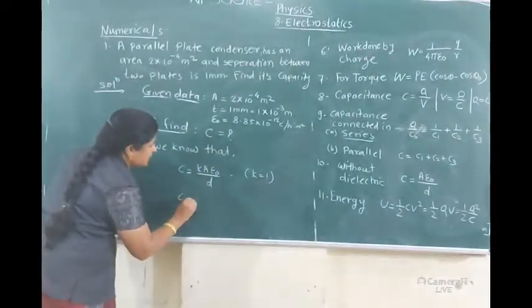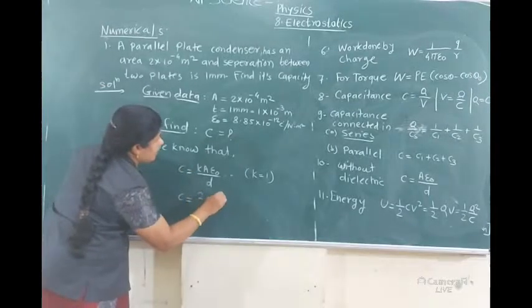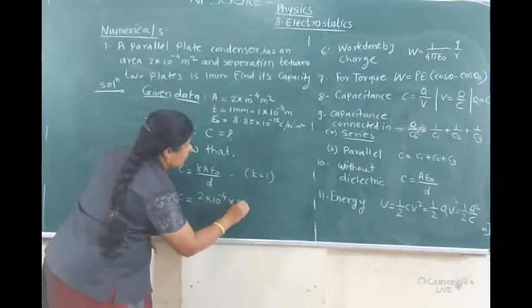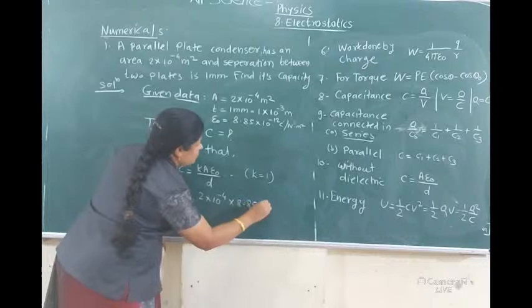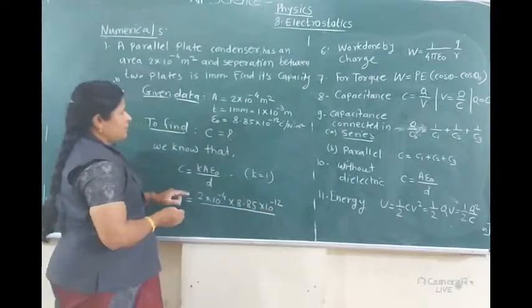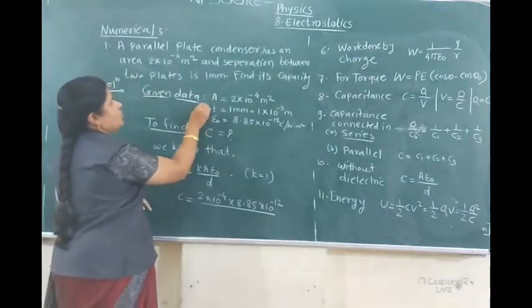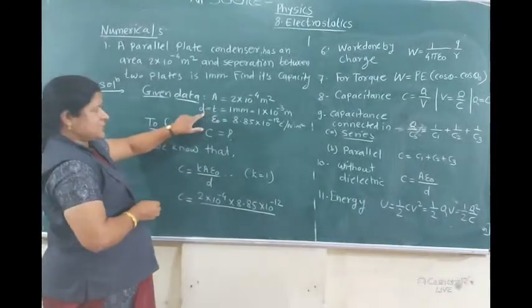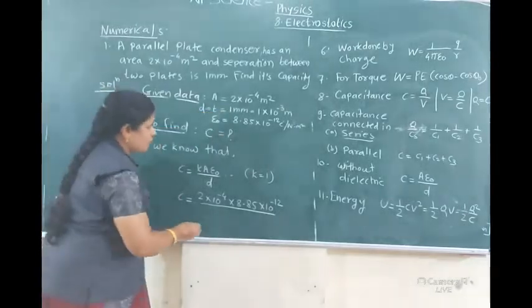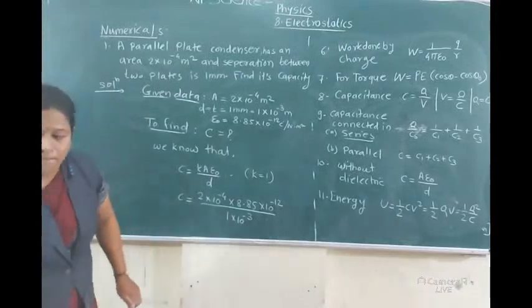Therefore, C is equal to 2 multiplied by 10 raised to minus 4 multiplied by 8.85 into 10 raised to minus 12 divided by D. D is the distance between the two plates, that means 1 into 10 raised to minus 3.